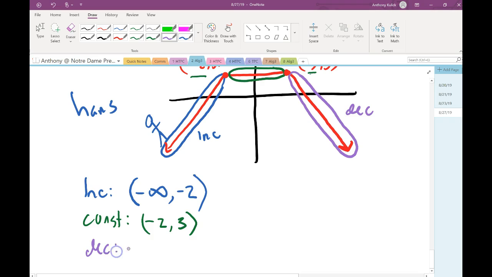And then my decreasing begins at +3, and then it includes the right-hand arrow, so that's infinity. And in general, these increasing, decreasing, constant sets will always just be parentheses at either end. You don't really have to worry about the brackets here by the way that we're going to define these things. Okay with that idea? So that's nice, at least, right? You don't have to worry about bracket or parentheses on these like you do for the positives and negatives and zeros.